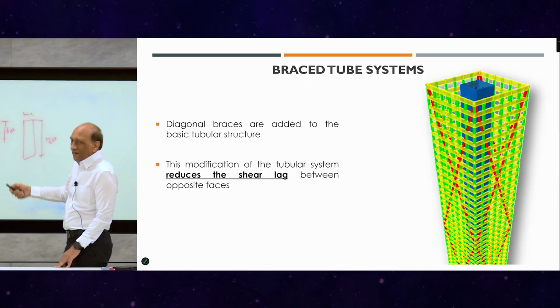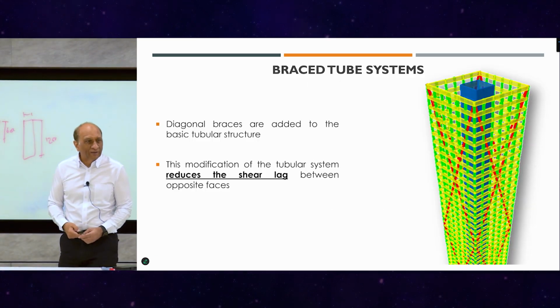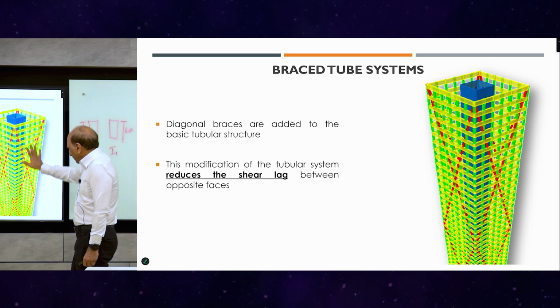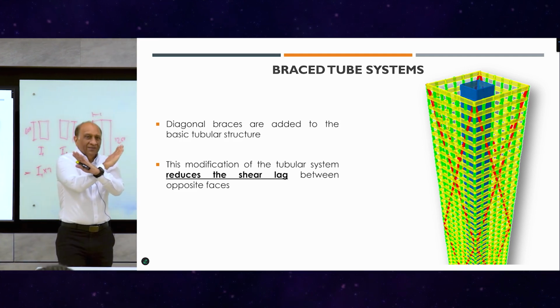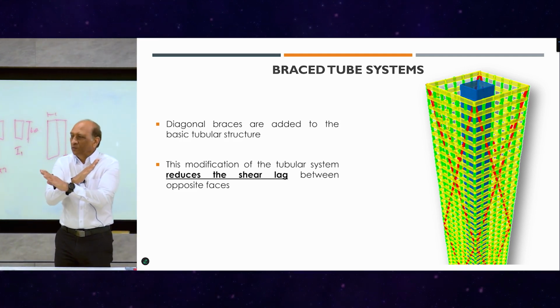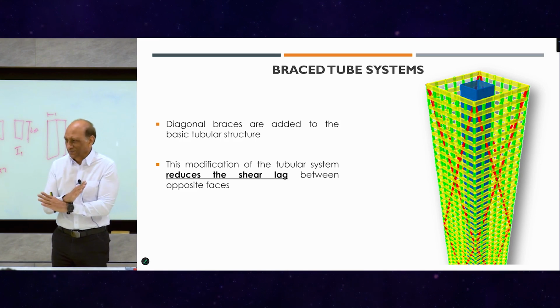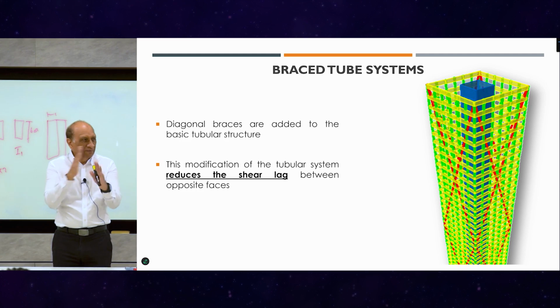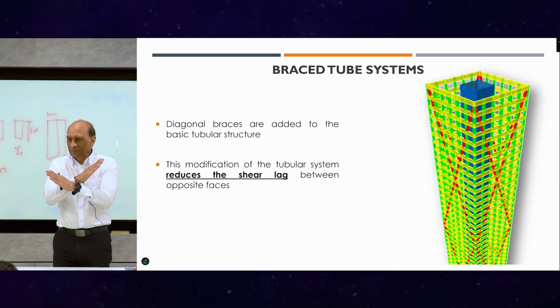And then people said, okay, fine, if you have a shear-like problem, why don't I add diagonals to it now? Right? If I add big diagonals outside on the tube, I will reduce that shear lag, because one way to reduce shear lag is to put diagonals. I showed you earlier, we have a shear problem in the frame, you put a diagonal, it stops that from happening.